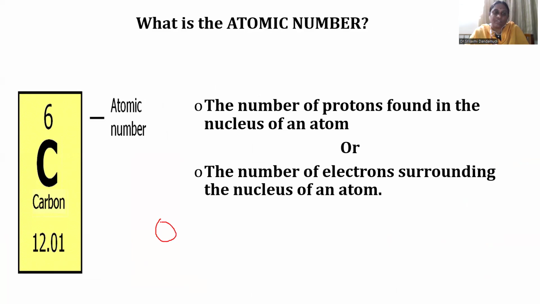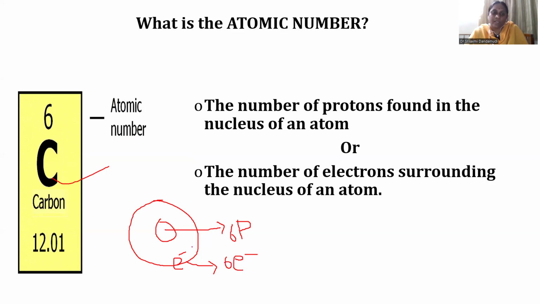If this is a nucleus and this is a circular orbit, and we consider carbon as an example, it contains 6 protons, so its atomic number is 6, and it contains 6 electrons, which revolve around the nucleus in circular orbits. So either the number of protons or the number of electrons is called the atomic number.